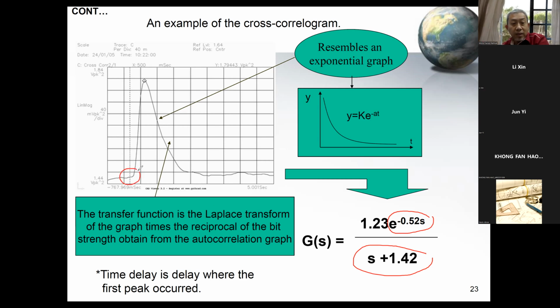That's why we multiplied the 1.23 gain with the time delay element, e to the power of minus 0.52 s, and then you get the open loop transfer function.